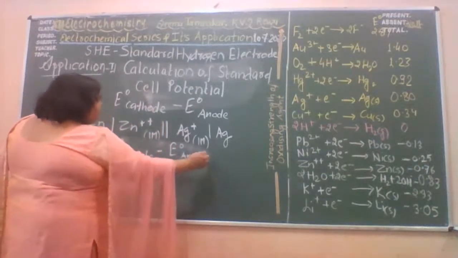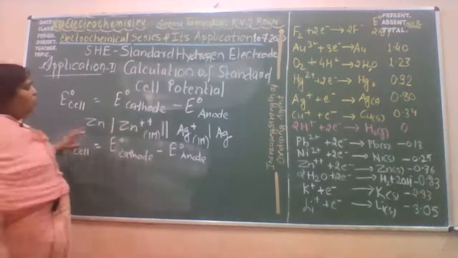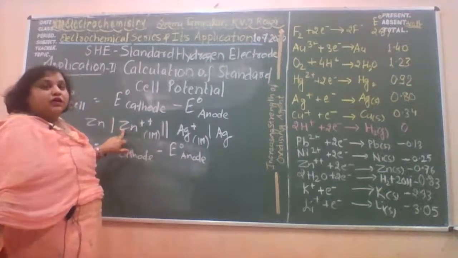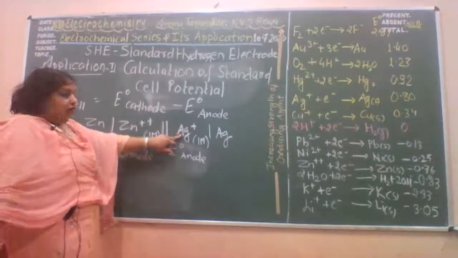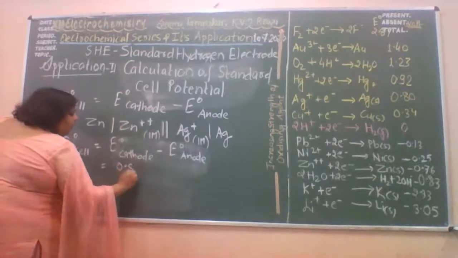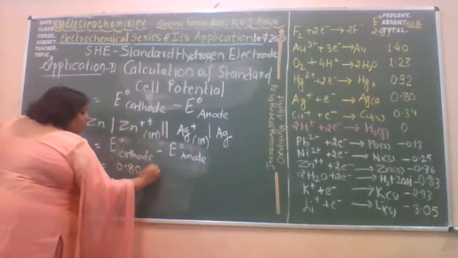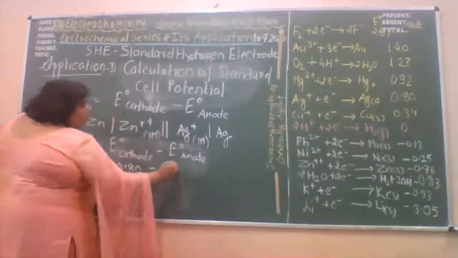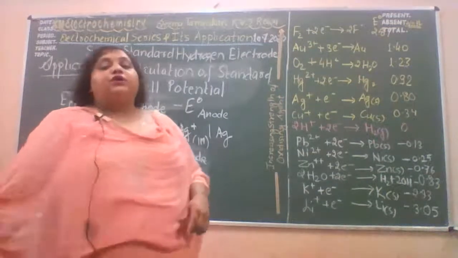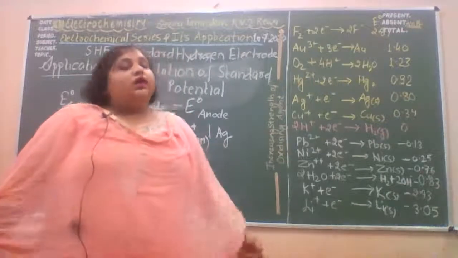And I'm substituting the right values now from the cell representation. You can see this is the anode and this is the cathode. Its value is 0.80 minus, now you will write the value with a sign. Please don't forget to write the value with the symbol.